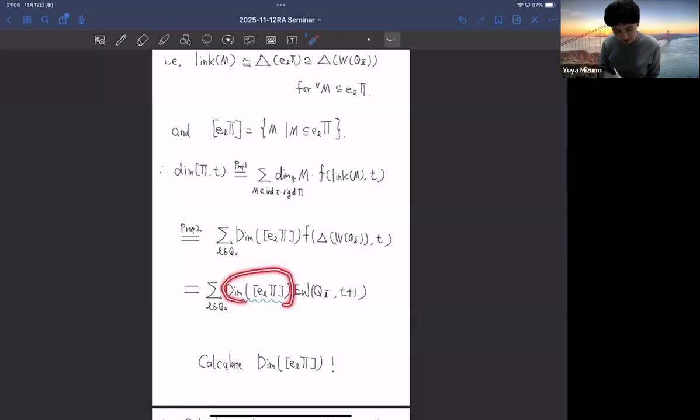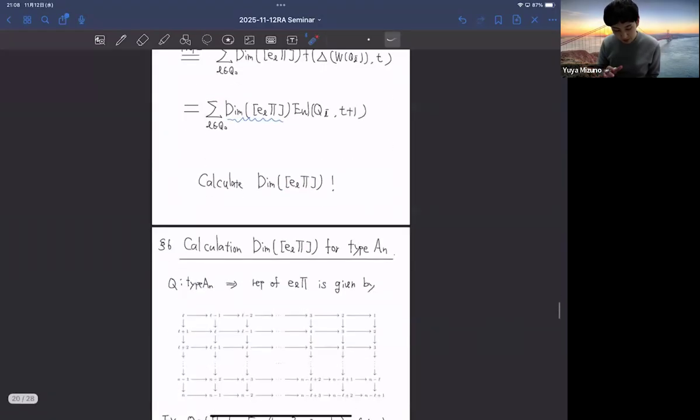We need to calculate the dimension for all submodules of the indecomposable projective. So we need to calculate this one. And from now, we need to fix the type because this heavily depends on the type. We can also calculate type Dn, but it's more complicated, and type E requires some computer analysis.